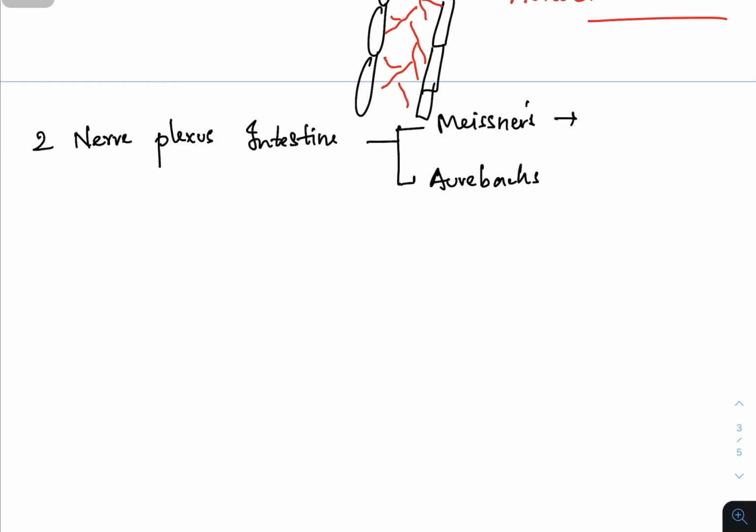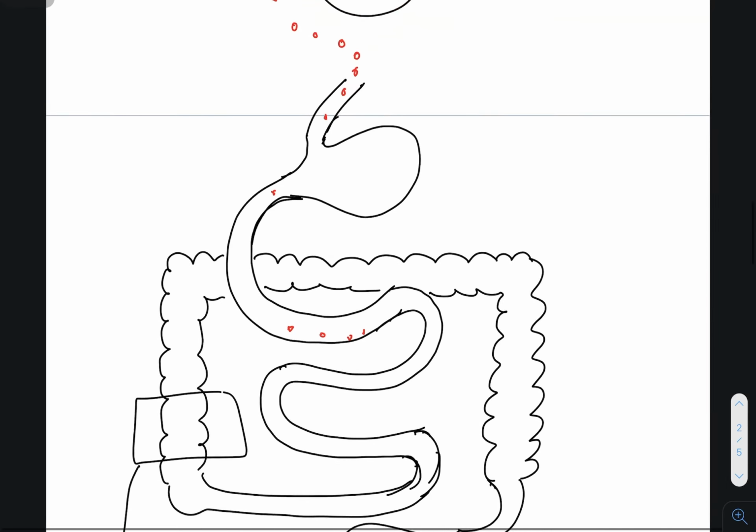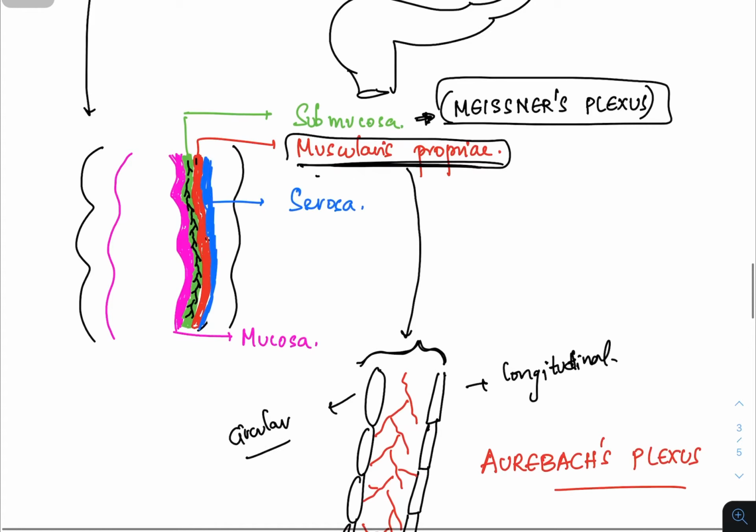And if someone asks you where they are located, tell them that Meissner's plexus is located in the submucosa and Auerbach's is located in the muscularis layer or muscularis propria layer, right? So why I'm telling all of this is, who is forming this Meissner's plexus and Auerbach's plexus in the intestine?